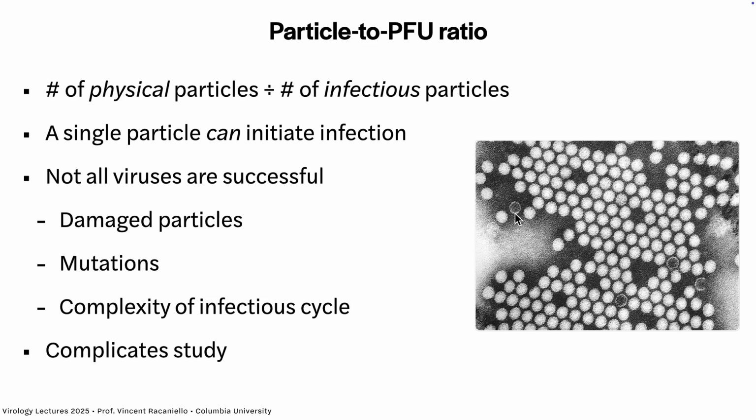They have no RNA in them. Some genomes may have lethal mutations. The infection cycle, as we're going to see, is pretty complicated, so a failure at any step can nix the whole cycle. So it's not surprising. Why some viruses are better than others is just not clear. Nobody really understands.